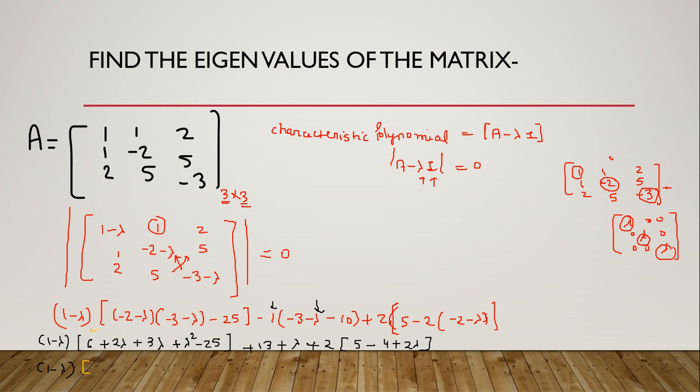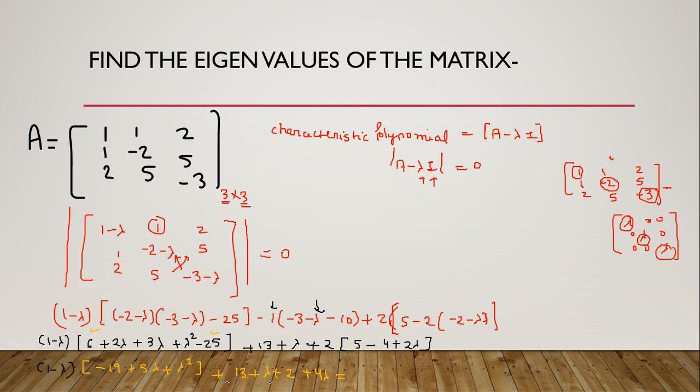Then 6 minus 25, 15 minus 6 is 9, so minus 19, and 2 and 3, 5 lambda, plus lambda square, and here 13 plus lambda, then plus 2. 5 minus 4 is 1. So 2 ones are 2, plus 2 times 4 lambda. Correct? Now, if you multiply 1 minus lambda with this, it will give you what?